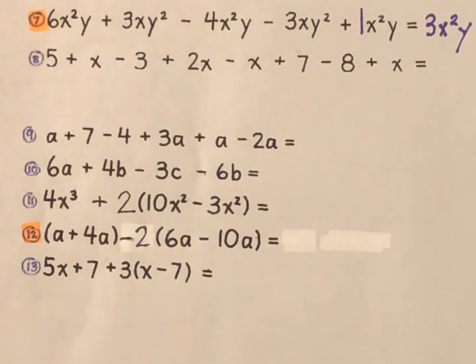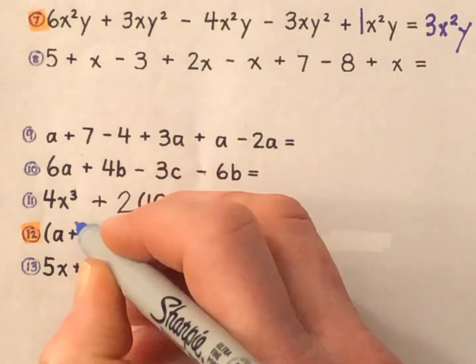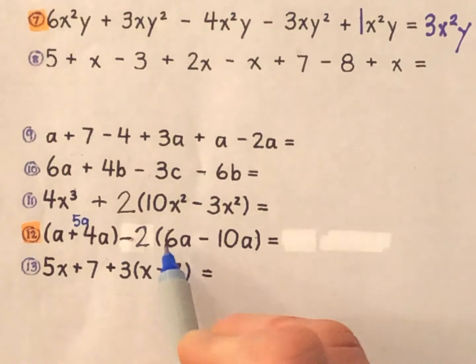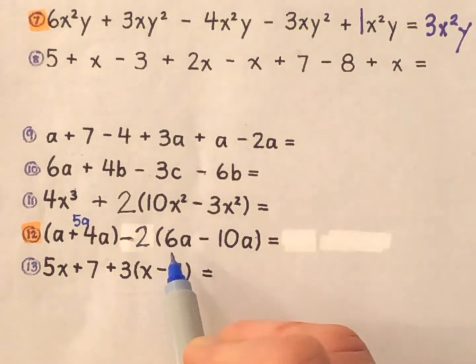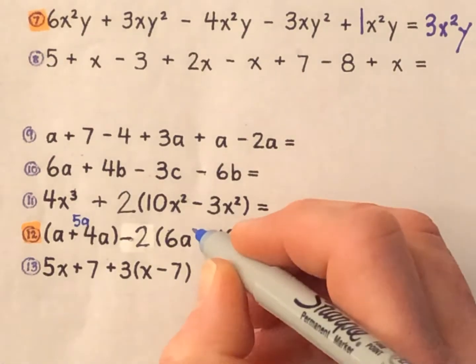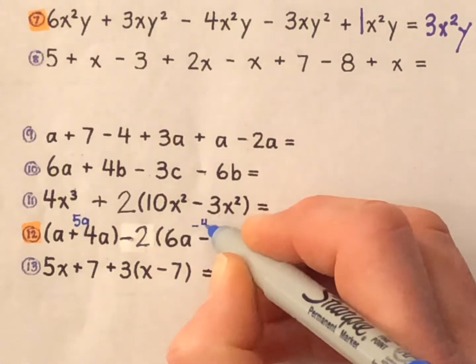Let's look at number 12. We have parentheses. Fortunately, both terms inside the parentheses can be added together, so we don't have to distribute. A plus 4a is 5a, and then inside this parentheses, we have 6a minus 10a, which gives us negative 4a.